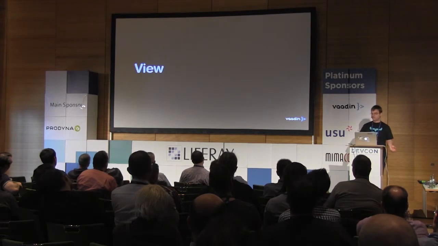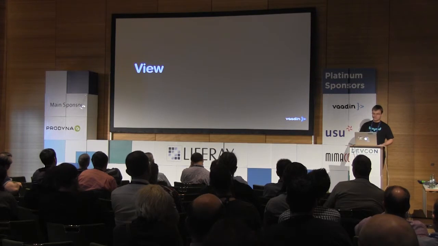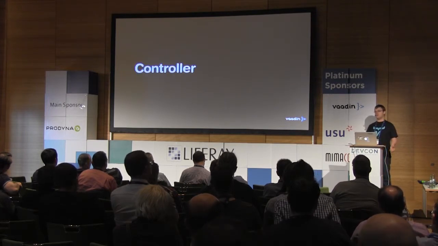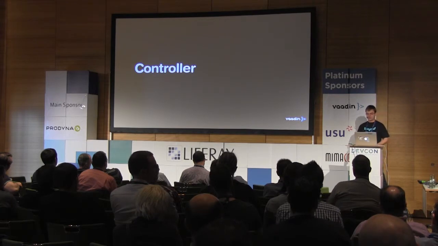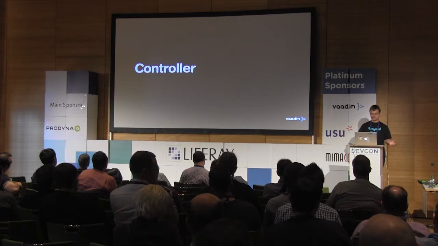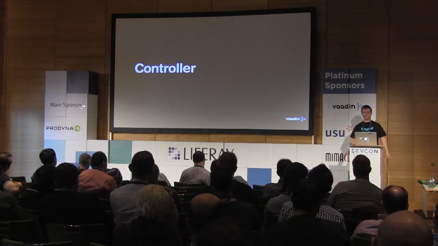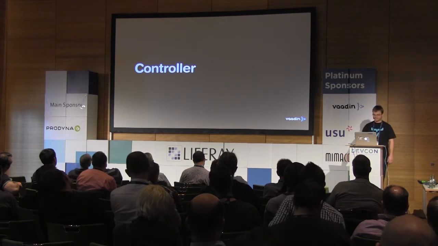Then we've got the view, which is simply the rendered DOM in the browser. We've got controllers. Those are JavaScript functions that are used to add new features to the scope, and they should contain basic business logic. Event listeners or functions invoked in expressions should be implemented as controllers.